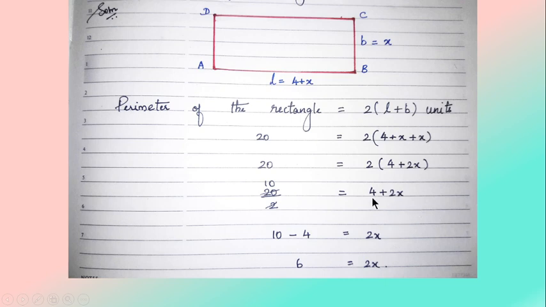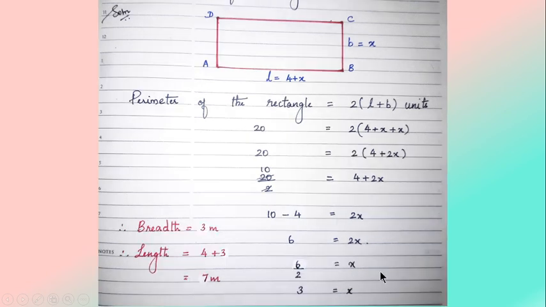When 4 goes to the left hand side, it becomes minus 4, and 10 minus 4 is equal to 6, and the right hand side is left with 2x. To find the value of x, we simplify. Then you get the value of x is equal to 3.